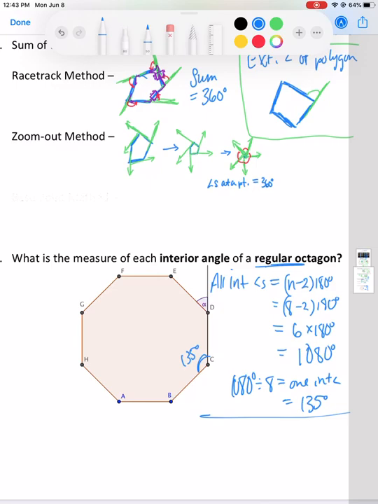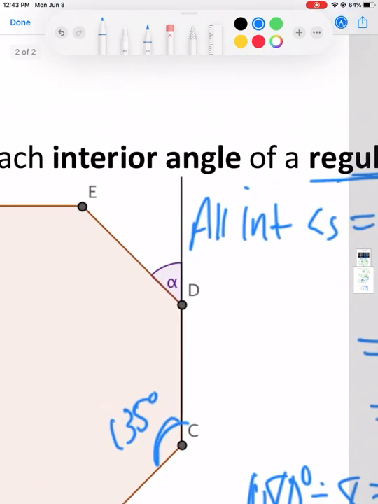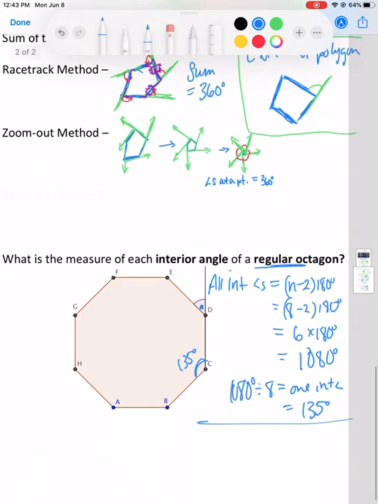Angle alpha, or we'll just call it angle A for short. Angle A is an exterior angle. So we know that all exterior angles add up to 360 degrees. For one exterior angle, take our 360 degrees divided by 8.